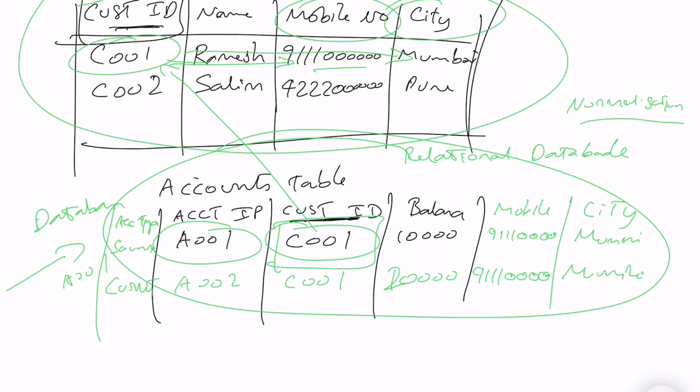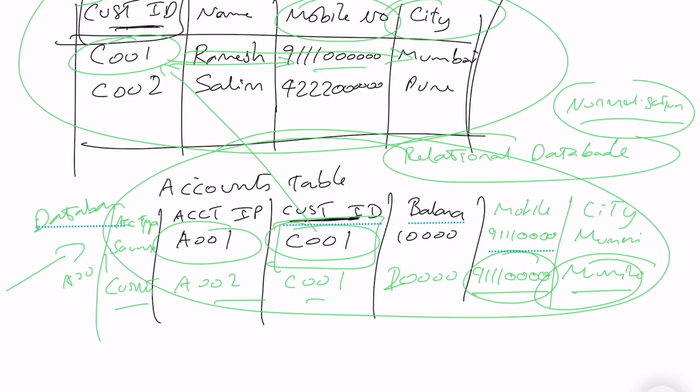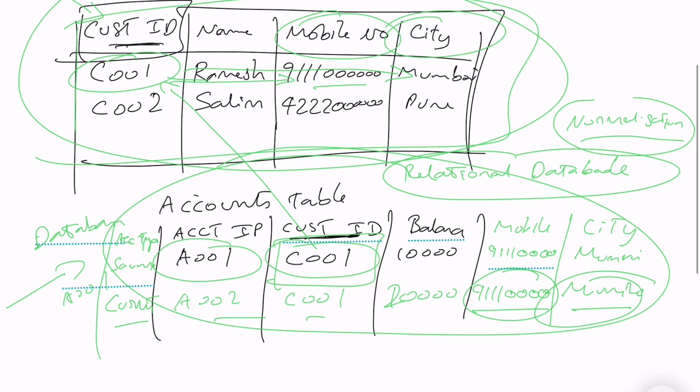Now imagine that I have to actually maintain these numbers over here properly. What if these change? Let's say the mobile number of the customer has changed, or he has changed the city. Now if I am not using the concept of normalization or relational database, where keeping the data separate in some table, what is going to happen is that individually I have to change it over here, here.